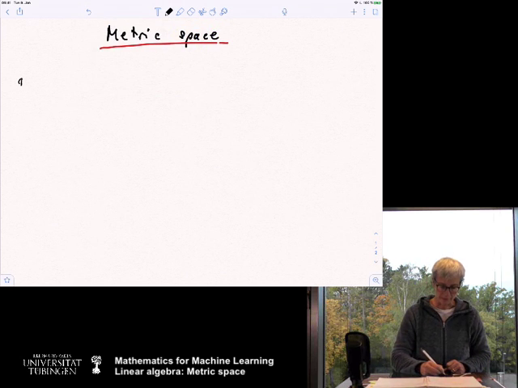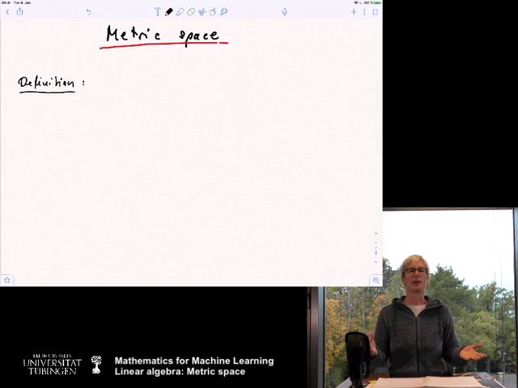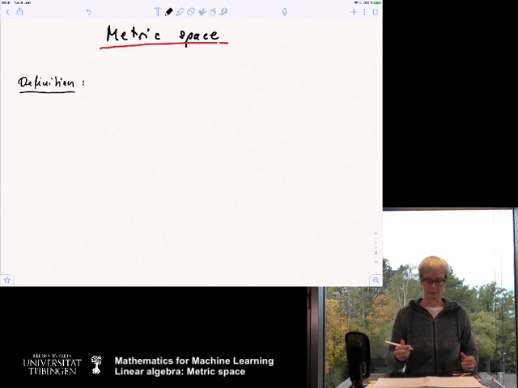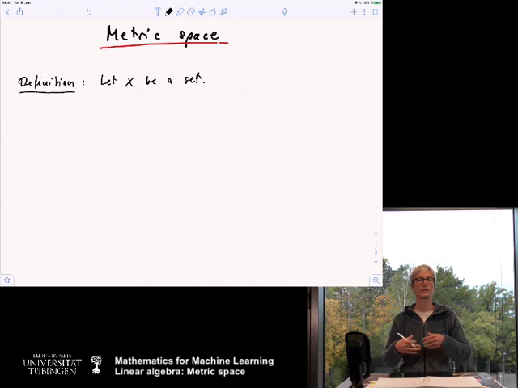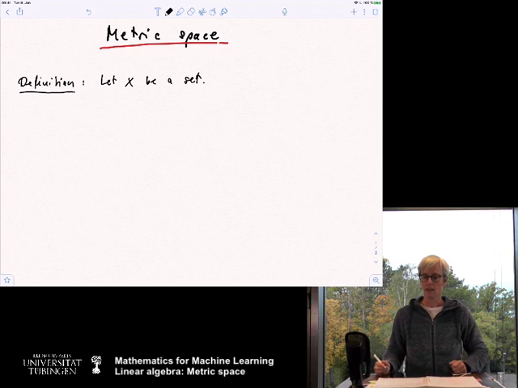Let's write down the definition. First of all, we start with a set of objects. So let X be any set. It can be anything. Think about molecules, texts, images, whatever you might think about. And now I want to say what a function that lives on that space and is called a metric looks like.